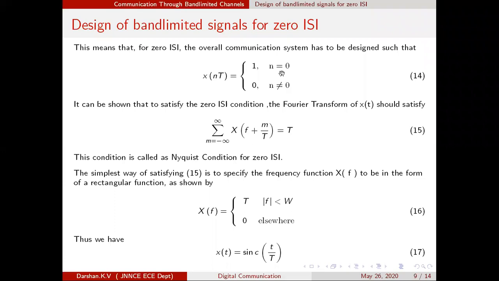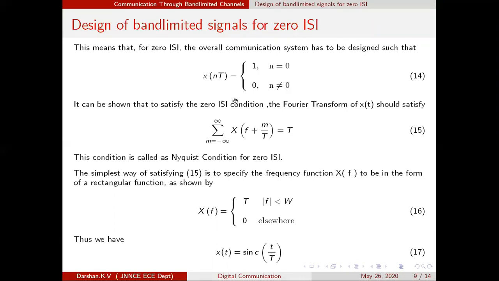Now to make equation 14 happen or exist, what should be the Fourier transform x of f? That is, to make the ISI 0, what should be the case?